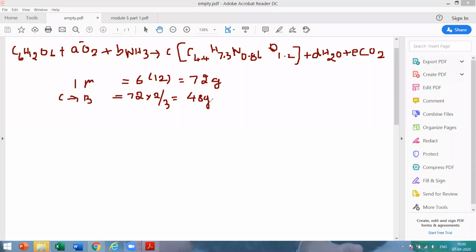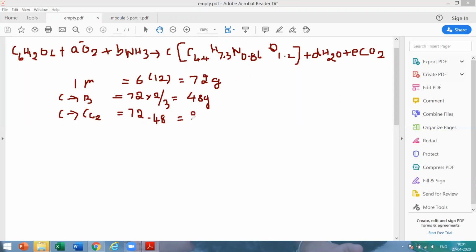Now the amount of carbon remaining should be converted to CO2. So the amount of carbon converted to CO2 is 72 minus 48, that is 24 grams.